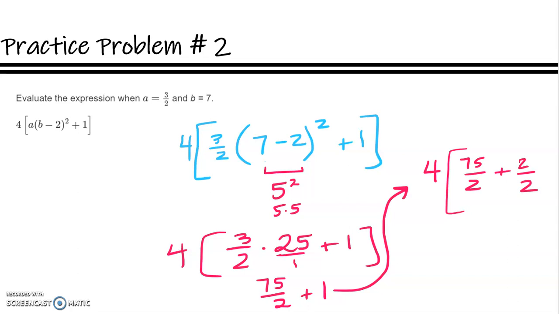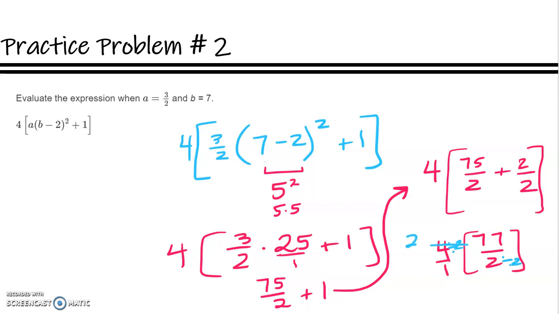Okay. That becomes 4 times 77 over 2. And now I'm multiplying. I could do 4 times 77, 1 times 2. When you're multiplying fractions, you can also cross simplify before multiplying. I know that 4 and 2 are both divisible by 2.